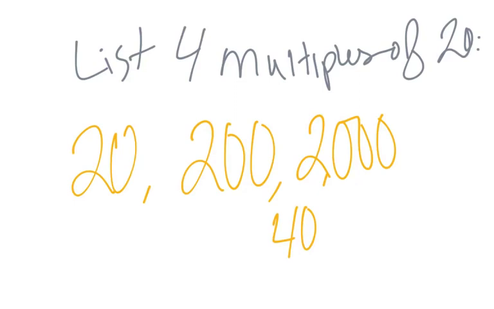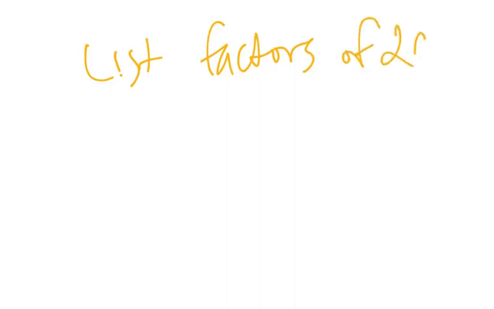So listing multiples, there are an infinite number of possibilities. Listing factors, there are a limited number of factors, because if you had to list factors of 20, there are only so many numbers you can multiply together to get 20.